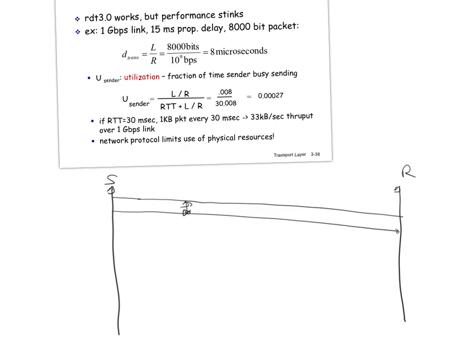Okay? Why am I drawing this diagonal like this? To account for that. What is that time from here to here? This is the transmission time. What is this? This is the propagation time.